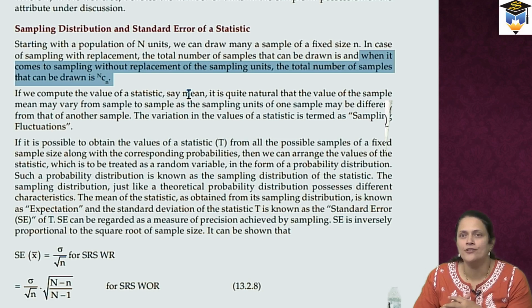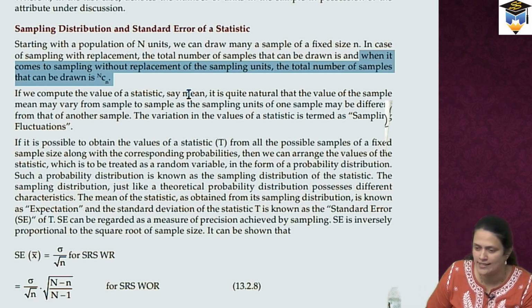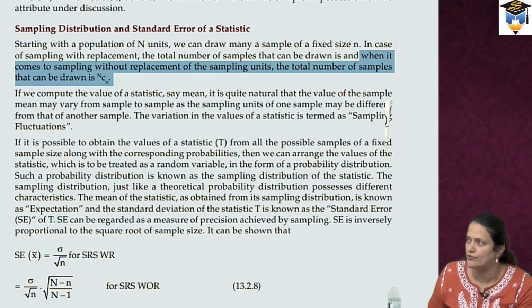This variation is called as sampling fluctuation.